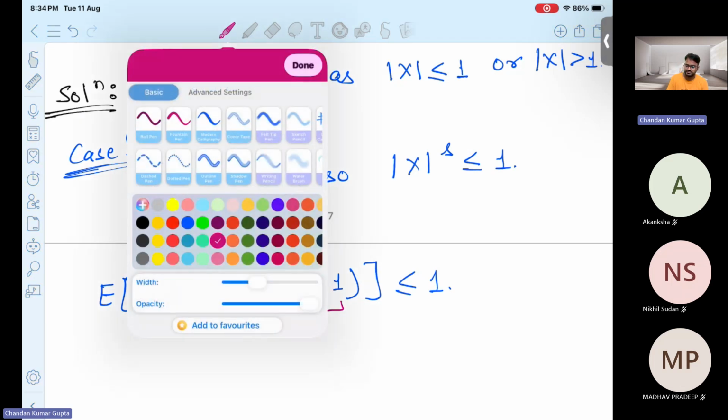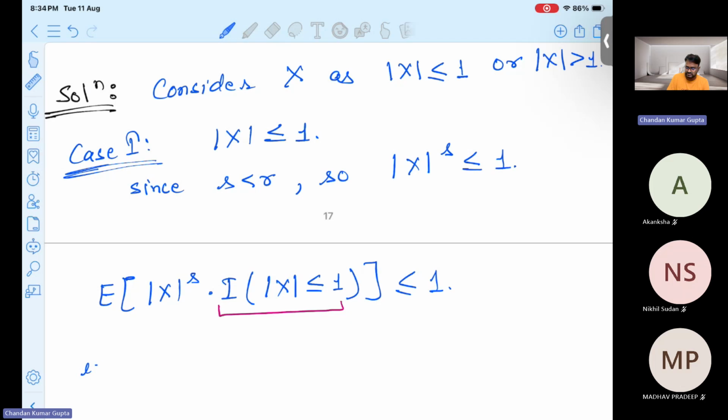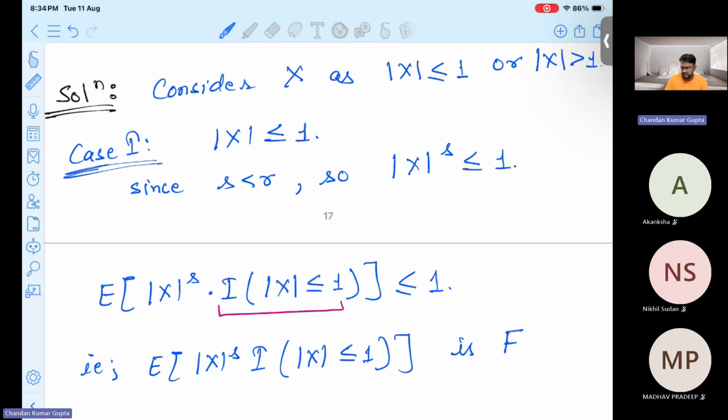So that means the expected value of the modulus value of X to the power S, over modulus of X less than or equal to 1, is finite. Okay, that means it can be solved. It is finite.